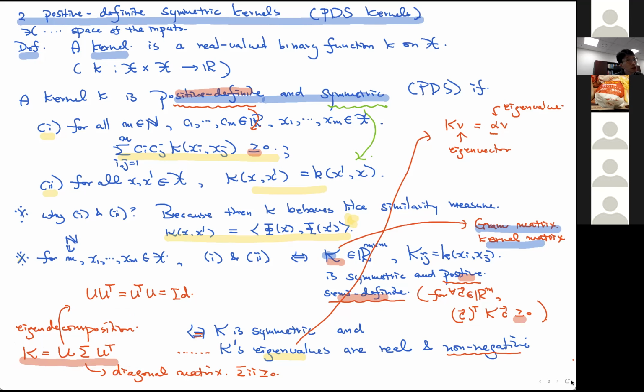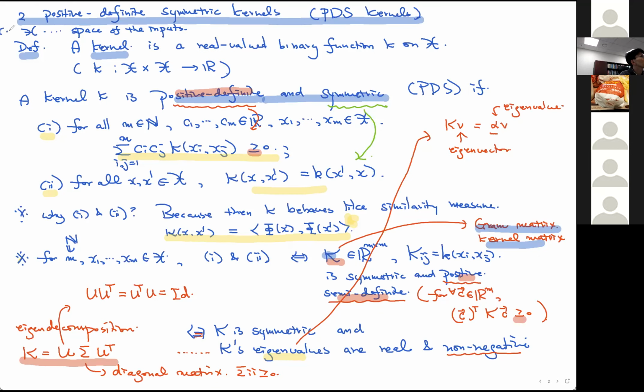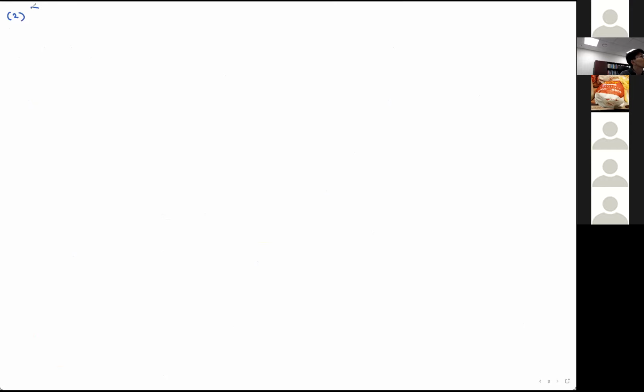Right. So what are example kernels? The first example is the polynomial kernel.